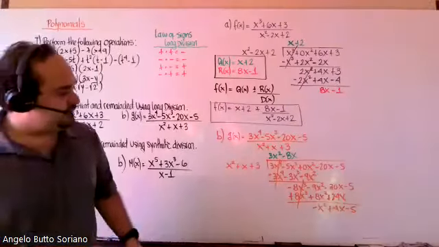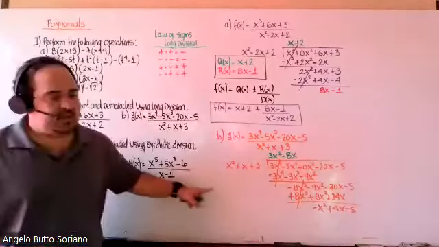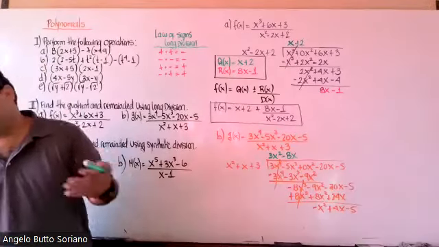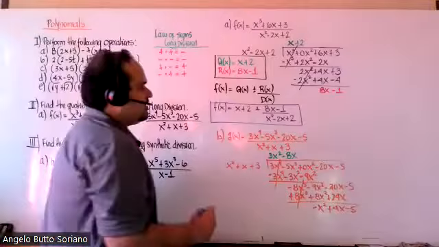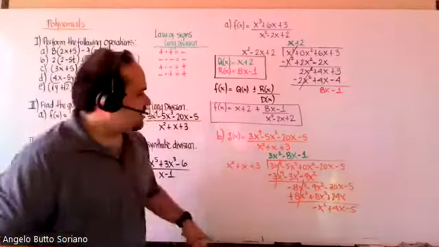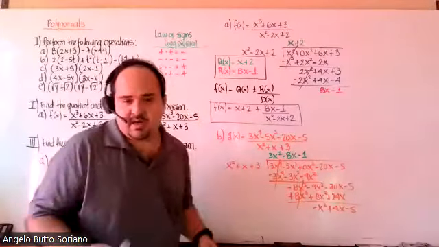If you see, we have x squared over here, and we still have x squared. What does that mean? That means we can continue dividing this expression. For that reason, we're going to multiply this expression by negative 1, because negative 1 with x squared will match that negative x squared.